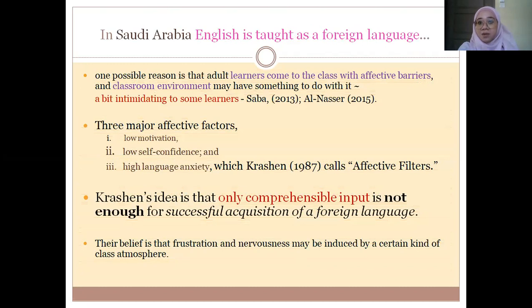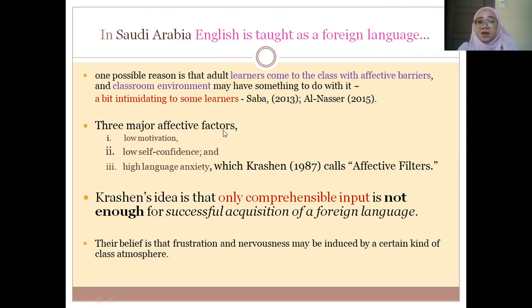In Saudi Arabia, English is taught as a foreign language. So one possible reason is that adult learners come to class with affective barriers, and classroom environment may have something to do with it. It was once a bit intimidating for some learners, as shared by Sabah in 2013 and Al Nasser in 2015.